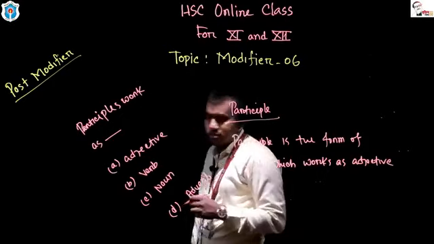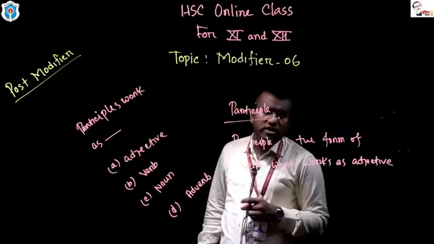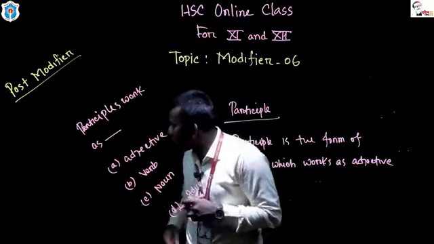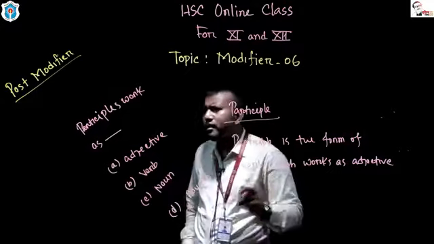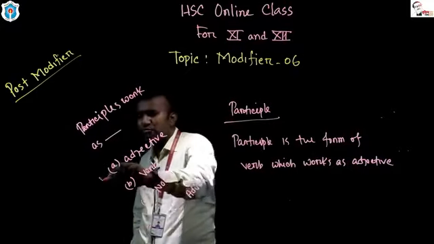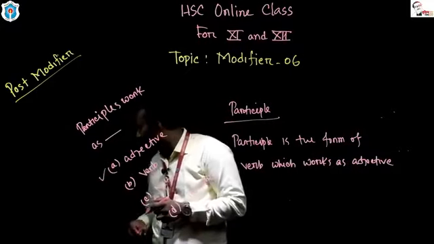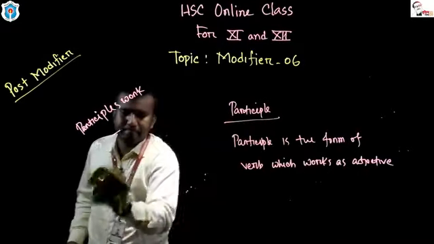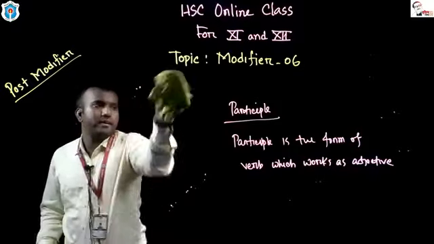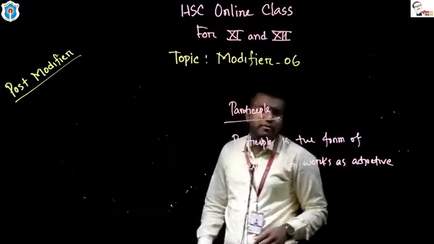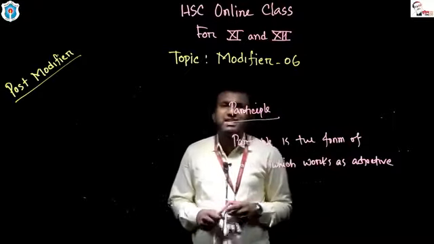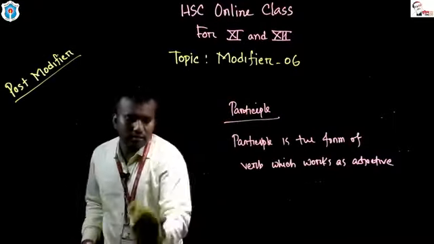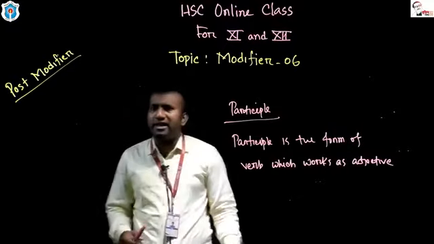Look at my dear students. A participle is the form of verb which works as adjective. Okay, so participles normally work as adjective. Clear? Participle work as dash. It should be adjective. It was given. Okay. So participle is the form of verb which works as adjective. Up to this part, I think everything is clear to you.